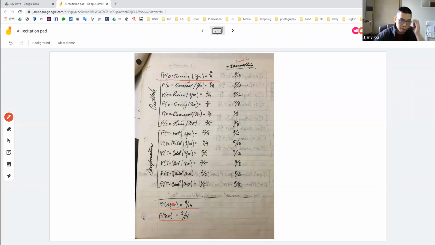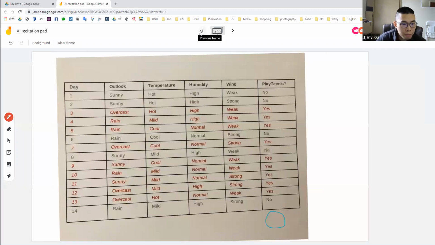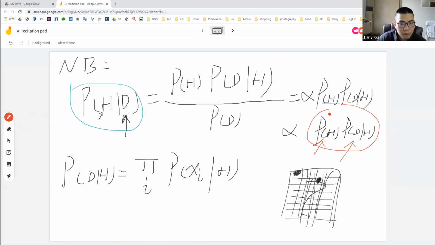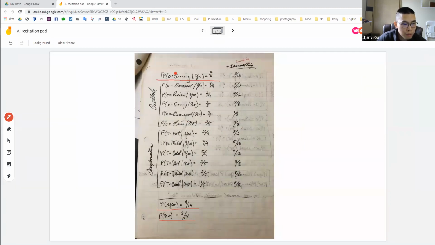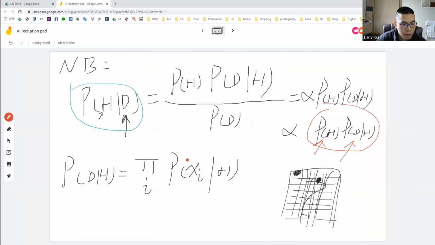This is the hypothesis term, P(H), the probability of the hypothesis. We got it. And then we compute by the naive Bayes assumption.